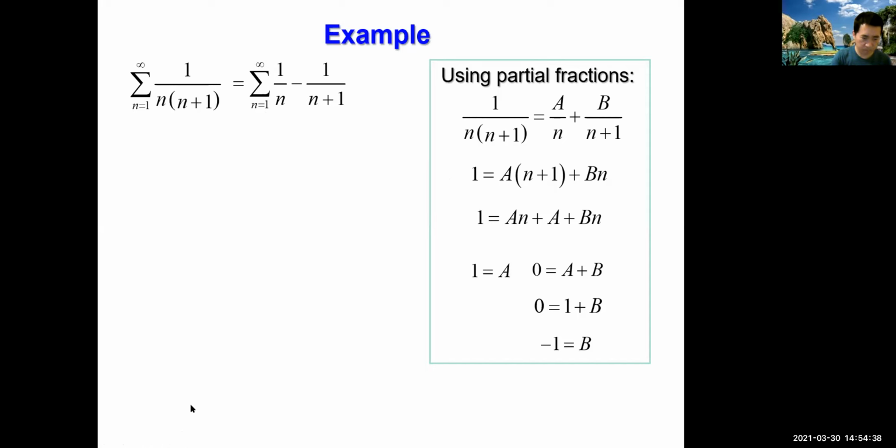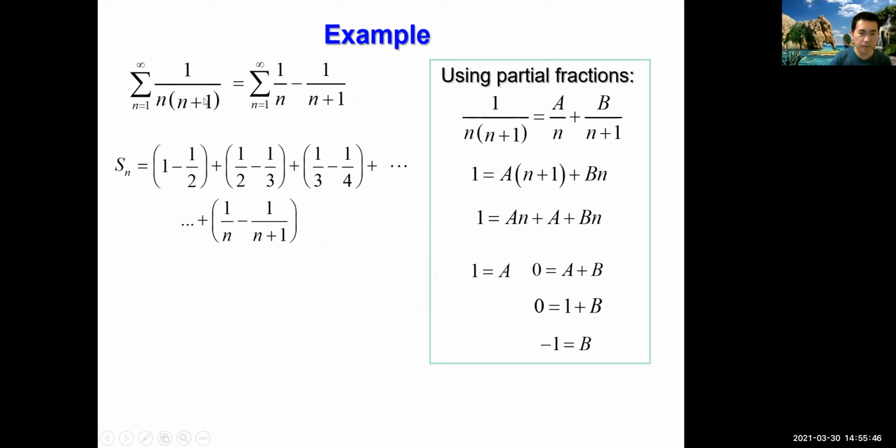If you do the sum of the first n terms, adding these together, you're going to see that negative half plus half cancels, and so on. Lots of cancellation going on. Let me write it down. Plug 1 in for the first term, then the second term, the third term, continuing to the last term, the nth term.